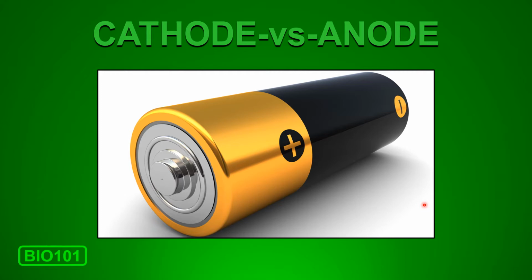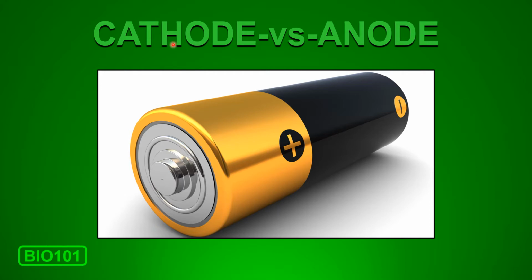And I liken the cation-anion idea to a battery. You're all familiar with batteries, with one end positive and the other end negative, and that's really what's going on here. So we have a net positive charge over here, net negative charge over here, and so the positive end of a battery is called the cathode.